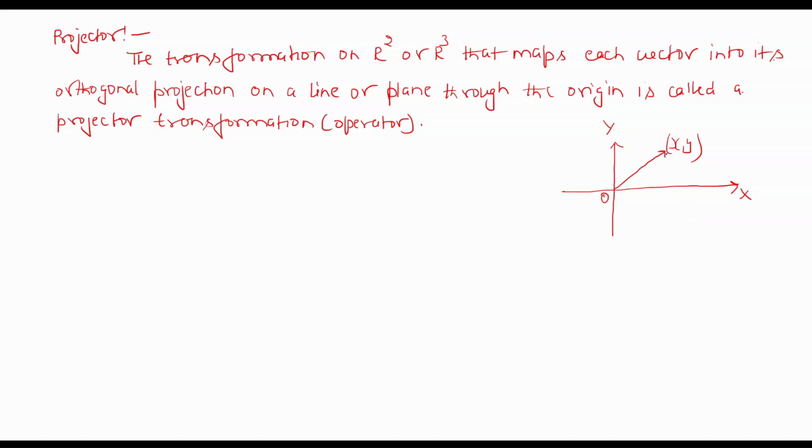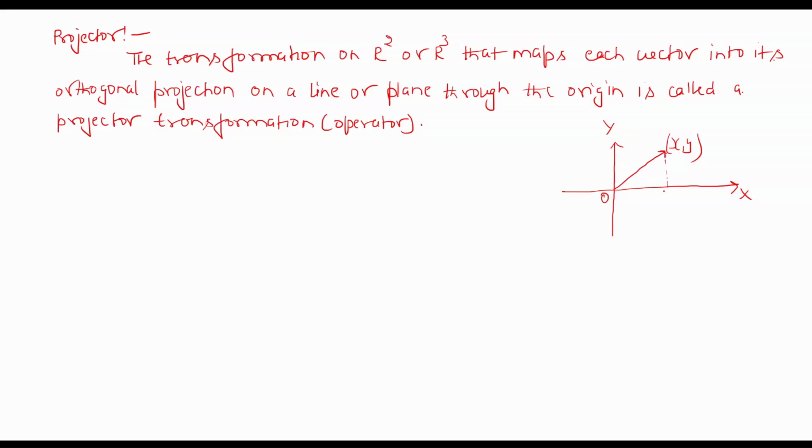X cos theta? No, the projection is this point. The projection of this point is this point, so it will be this vector.